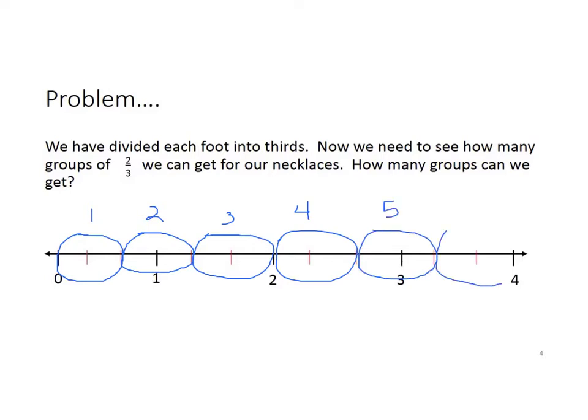And here's our last group of 2/3. So if you look at this, how many groups of 2/3 can we get? We can get 6. So how many necklaces could you make with this 4-foot long string of leather? You could make 6. Go ahead and draw this out on yours, and then we'll go on to the next slide.